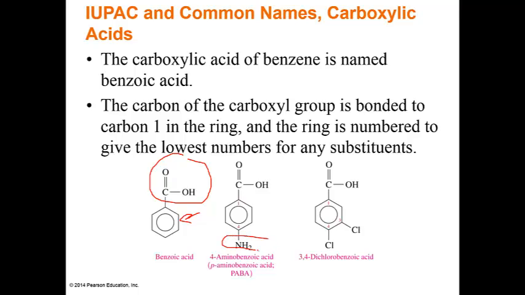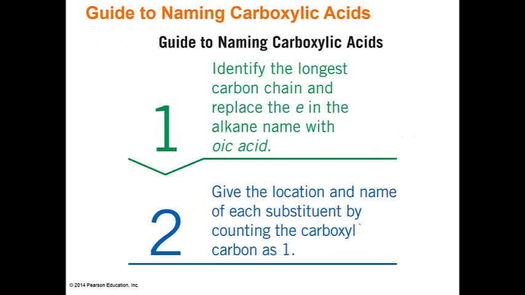So we've got the amino grouping down here, and we've got our carboxyl group up here. And then we've got 3,4-dichlorobenzoic acid. So 3,4-di, meaning 2 chlorines at the 3,4 positions. Benzoic acid, benzene ring, we add oic to the end, benzoic.